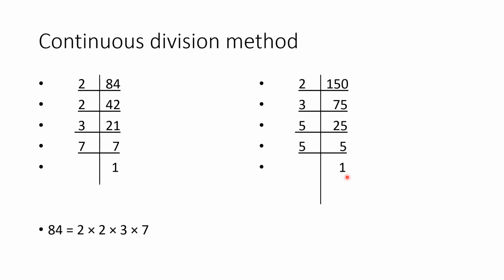So at last, when we get 1, our continuous division method will be over. And here we can write 150 equals 2 multiply by 3 multiply by 5 multiply by 5. So it is the prime factorization of 150 by the continuous division method.